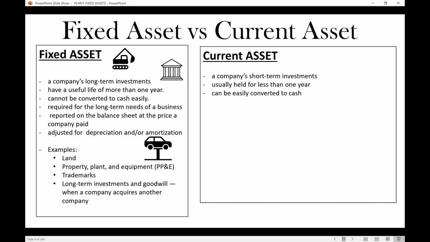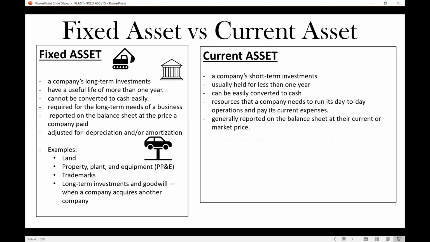They can easily be converted to cash. These are resources that a company needs to run its day-to-day operations and to pay its current expenses. These are not for the long-term needs of the business, but for the daily operations. They're generally reported on the balance sheet at their current or market prices.